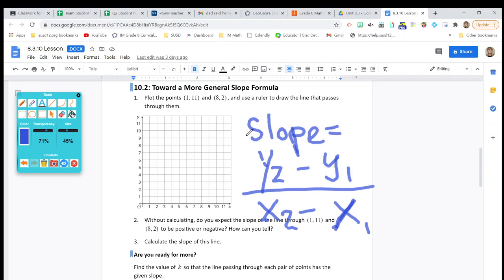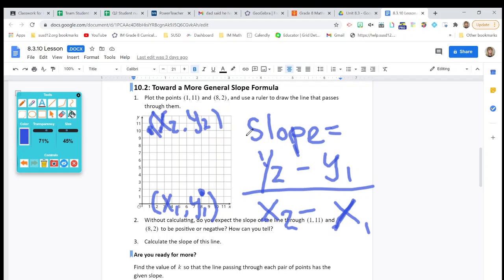And here's what's important. When you put your points on the line, do not get them confused. You must keep it the same, like here. x2, y2. Just write that on your paper so that you know what you're doing. x1, y1.